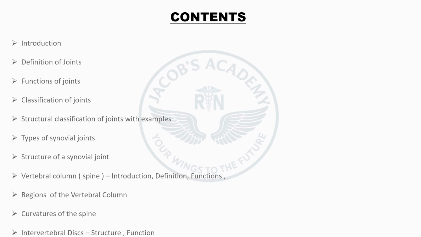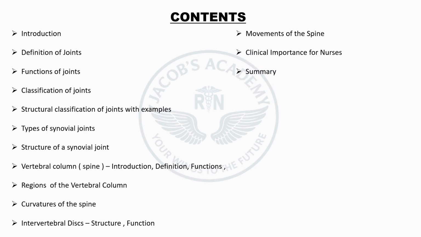Now we can see the contents of this topic. We will begin with a brief introduction, followed by the definition and functions of joints. We will then look at the classification of joints, including their structural types with examples, and the different types and structure of synovial joints.